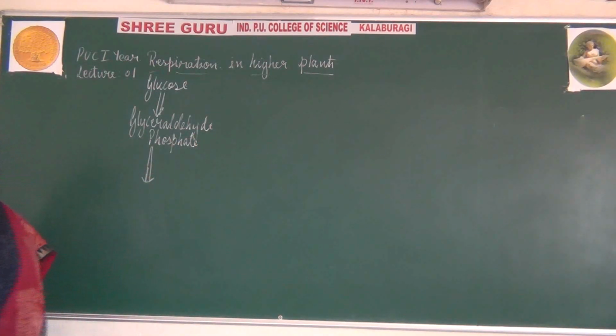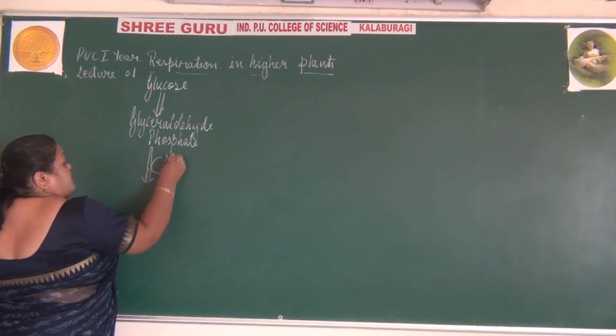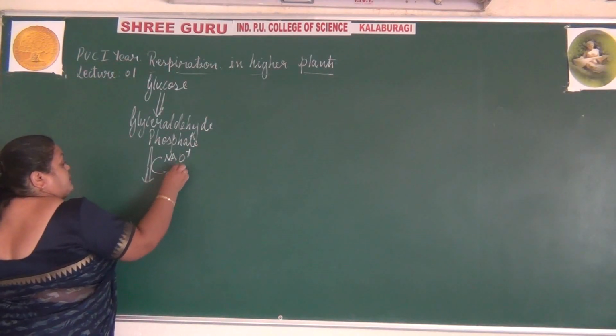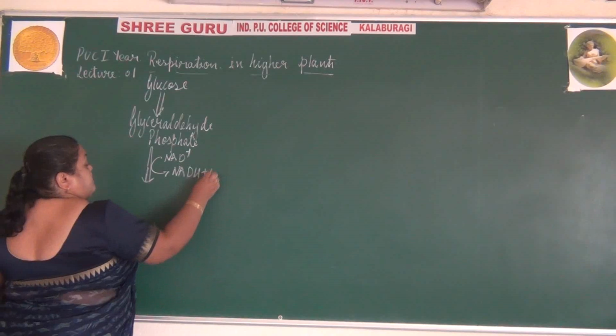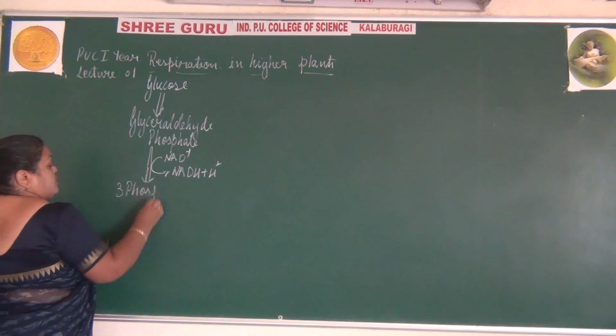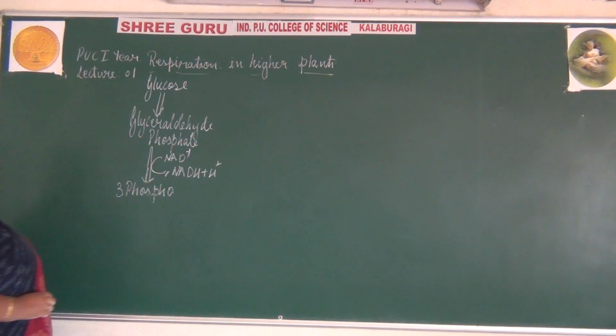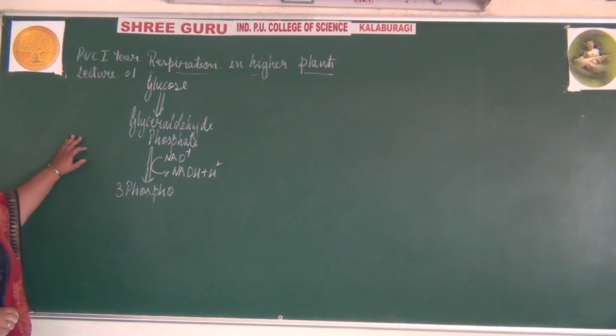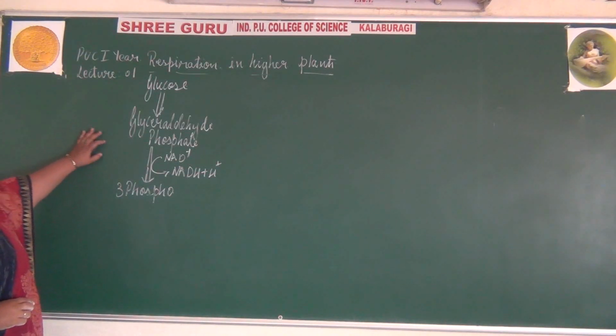This utilizes NAD molecules. So it's a pathway of anaerobic respiration. First, the glucose is converted into glyceraldehyde phosphate, which uses the NAD molecules. And the glyceraldehyde 3-phosphate has the phosphate group.